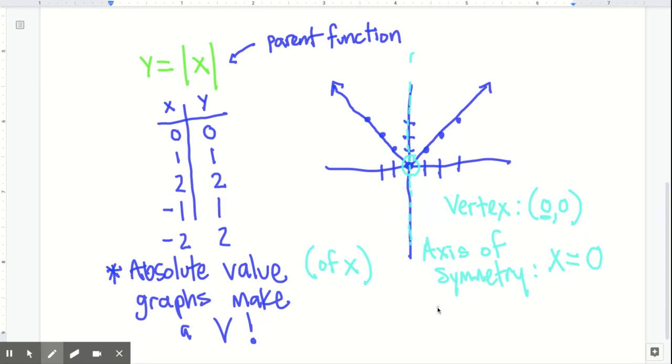The last two things that I'm going to ask you for with absolute value graphs are the domain and the range. And this should be a relatively new concept for you guys in Algebra 2. So, domain and range. We talked earlier in this chapter about how domain is x's and range is y's. Let's look at what x's this graph is going to use.